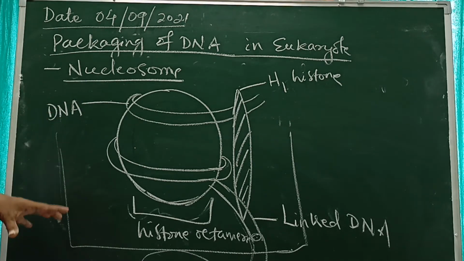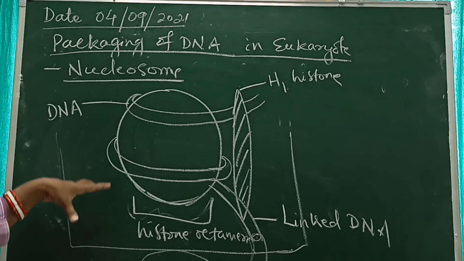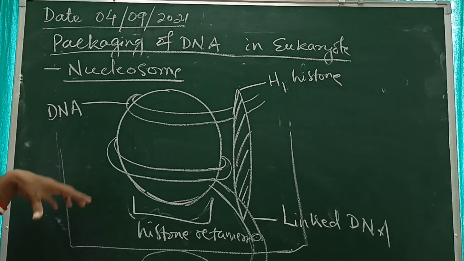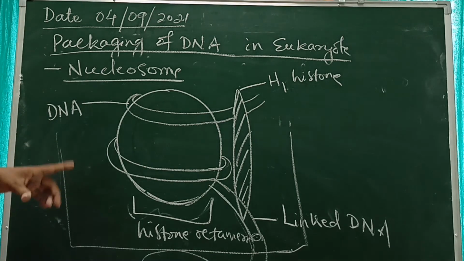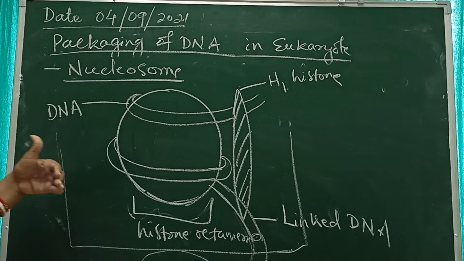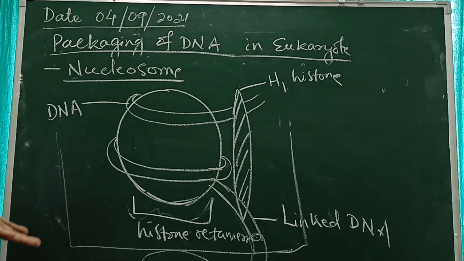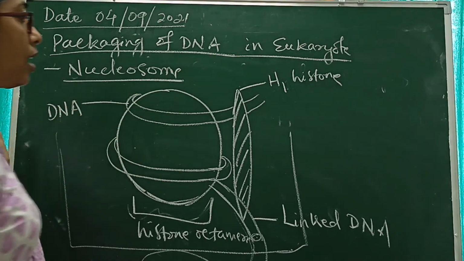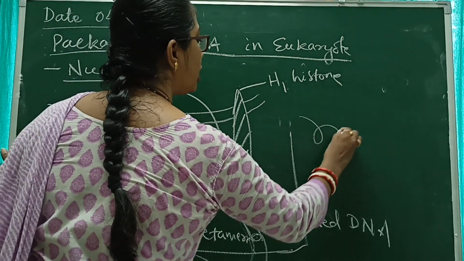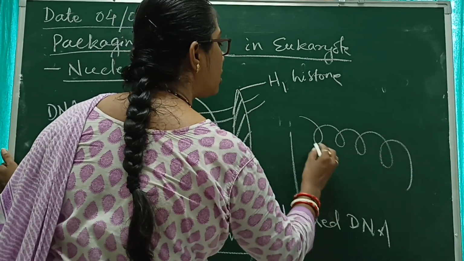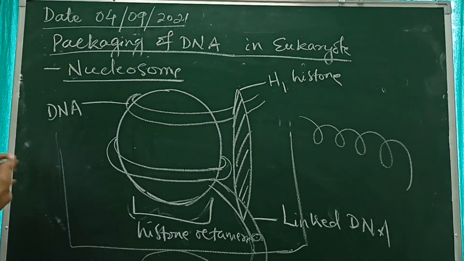So there is a strong bonding between positively charged protein and negatively charged DNA, and the DNA wraps around the histone protein and forms a packaging unit that is called nucleosome. Okay, so this is how the packaging takes place, and these units are arranged in such a way to form a structure that is called chromatin fiber.